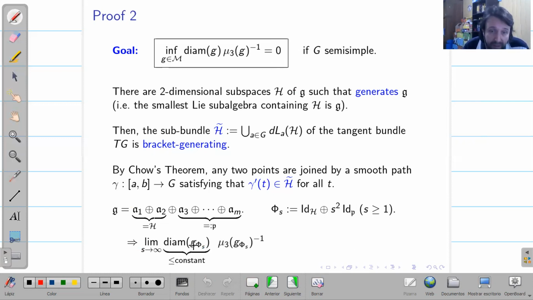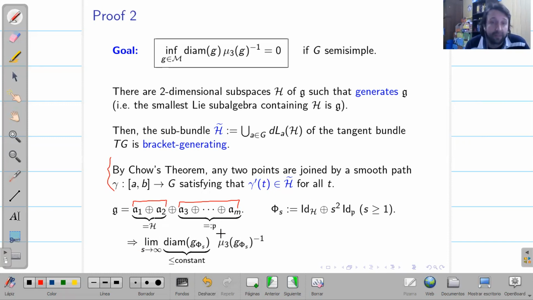Well, note that this diameter is constant, right? Why? Because even if s goes to infinity, this makes that a velocity vector with non-trivial part in this subspace has norm going to infinity when s goes to infinity. But you know by Chow's theorem that there are curves only lying in H, joining any 2 points, right?